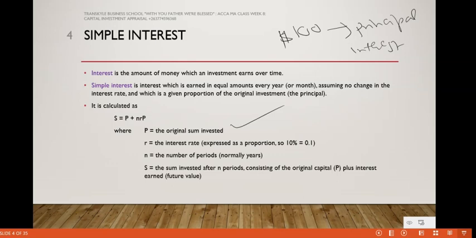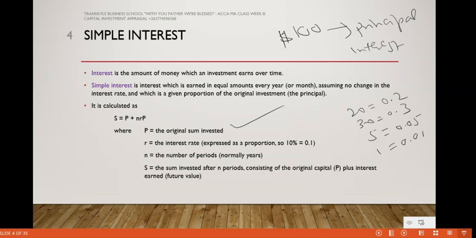R is the interest rate expressed as a proportion. So that 10% is equal to 0.1, 20% is equal to 0.2, 30% is equal to 0.3, 5% is equal to 0.05, 1% is equal to 0.01. Why are we saying so?